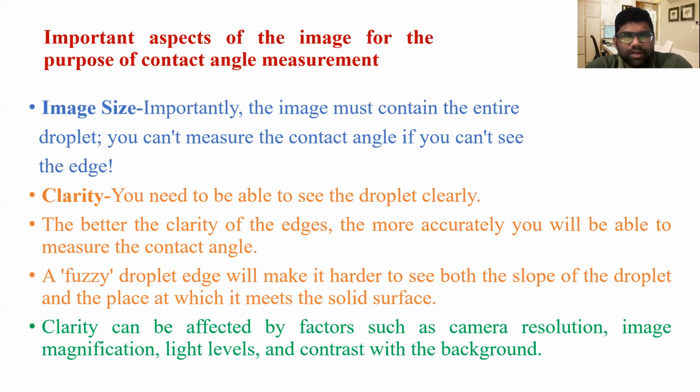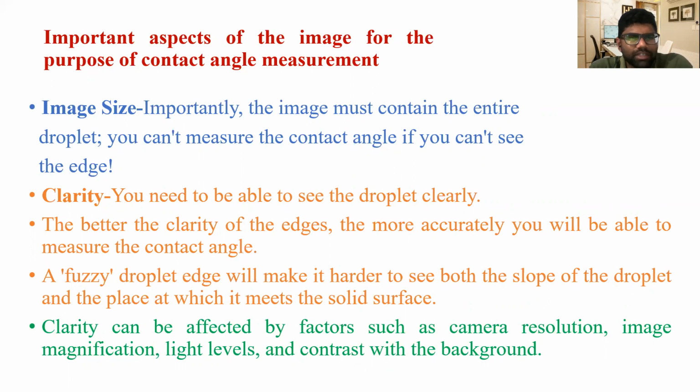Otherwise you cannot measure the contact angle if you can't see the edges of the droplet. Now clarity: you need to be able to see the droplet clearly. The better the clarity of the edges, the more accurately you will be able to measure the contact angle.